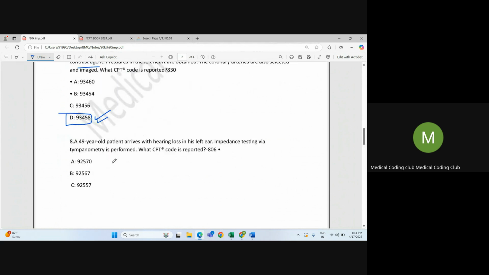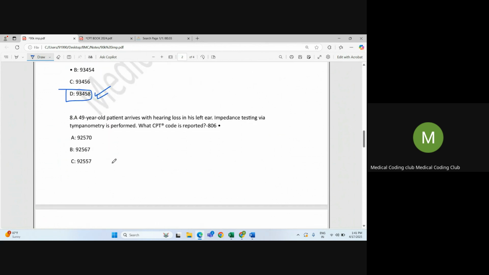Okay. So next one. A 49-year-old patient arrives with hearing loss in his left ear. Impedance testing via tympanometry is performed. So what they are saying here, tympanometry is a procedure. They are checking middle ear function.